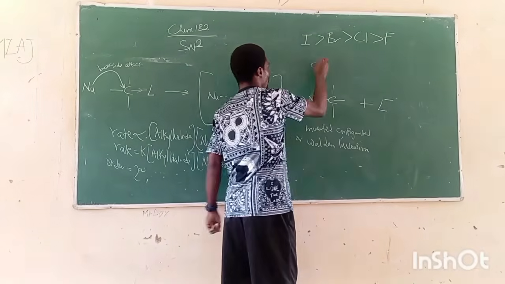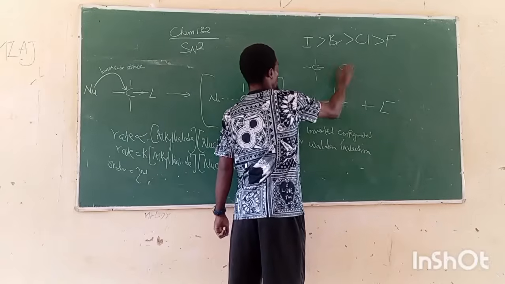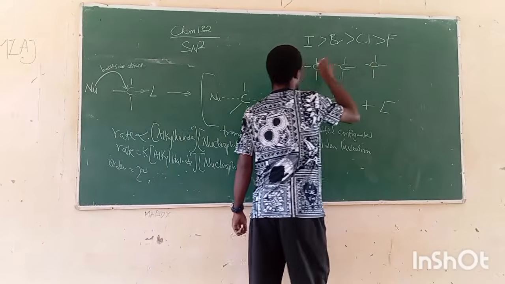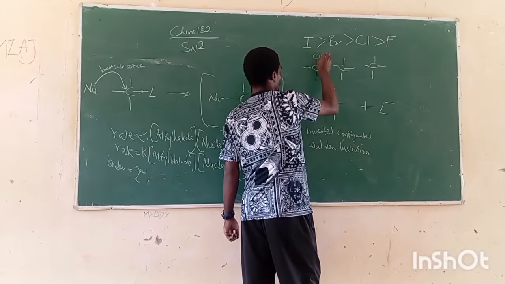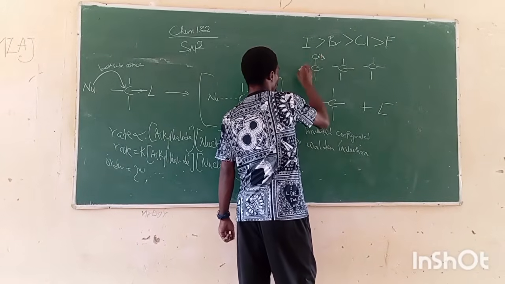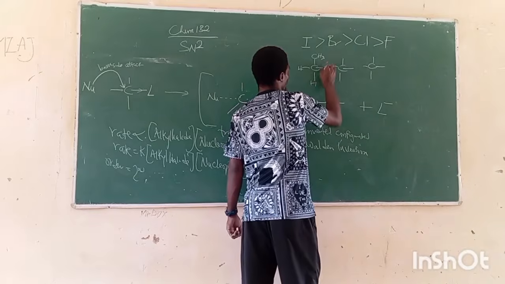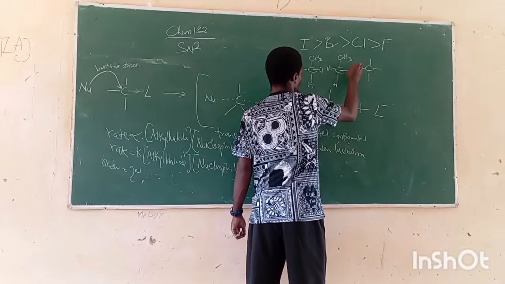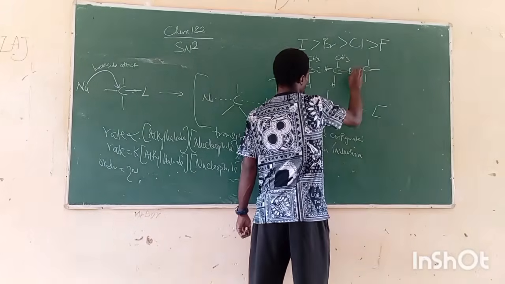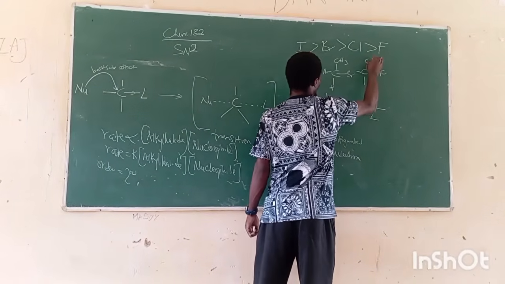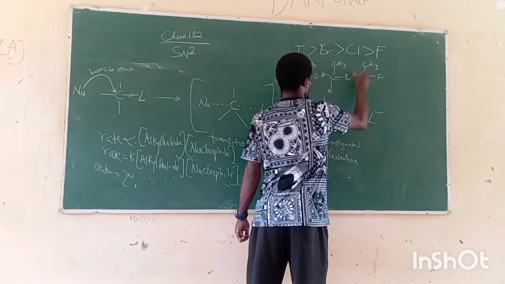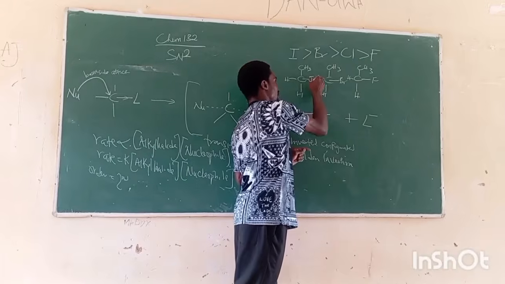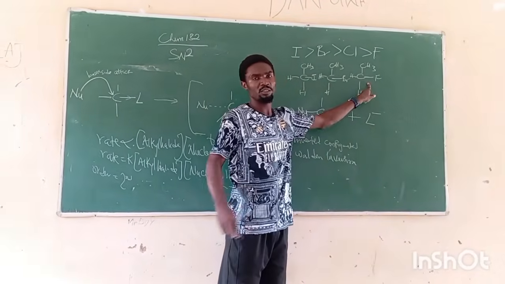If you're given two or three compounds, which one will easily undergo SN2 reaction? For example, you have the same reactant but with different halogens, Br and F. So it will be this more readily than this.